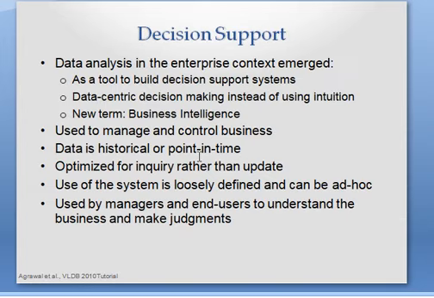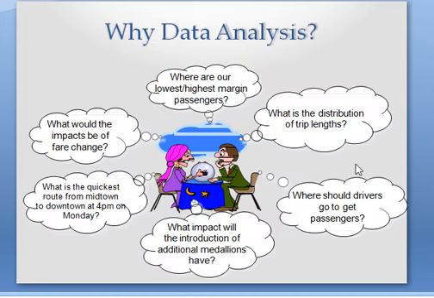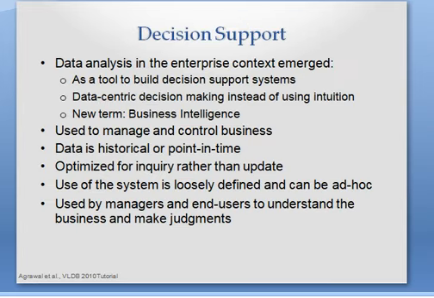So decision support. Based on what we have found here, we understand this information. The next step is called decision support. Decision support is something you make based on the information we generate, and then you decide what you're going to do.